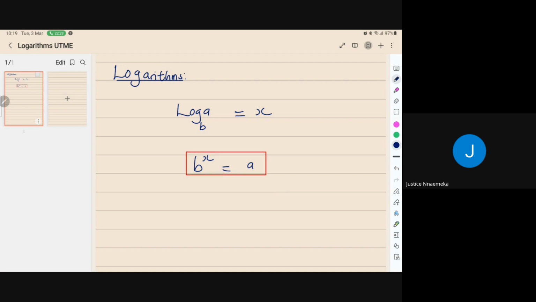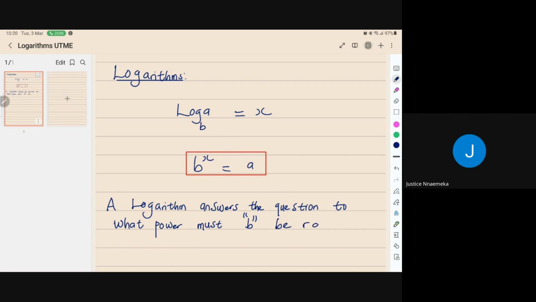So if we want to speak a little grammar on that, we can say that a logarithm answers the question: to what power must B be raised to give A?